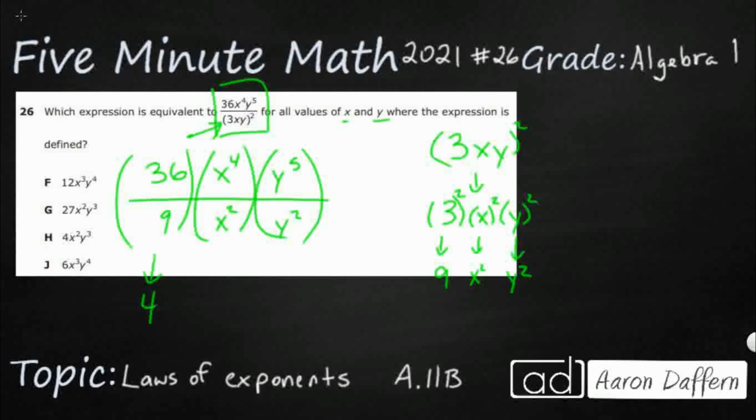If you were to take the 36 and have it over x squared, you can't do anything with it because they're not like terms. But if you take two integers, 36 and 9, those are like terms, and dividing them, you get 4. Okay, so we get x to the 4th over x squared, y to the 5th over y squared. Both of those are going to require us to do the same thing.